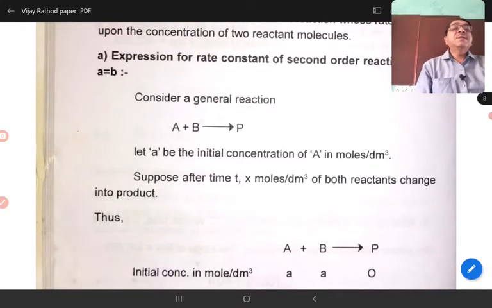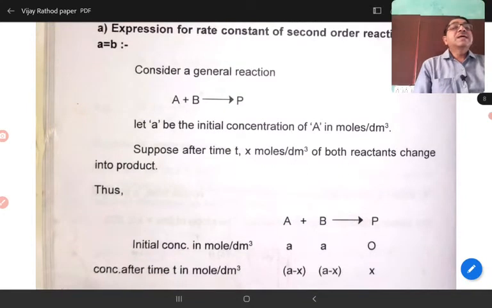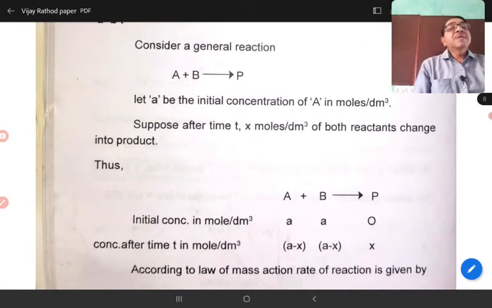Let a be the initial concentration of A in moles per decimeter cube, as in the first order reaction. Suppose after time t, x moles per decimeter cube of both reactants change into product.